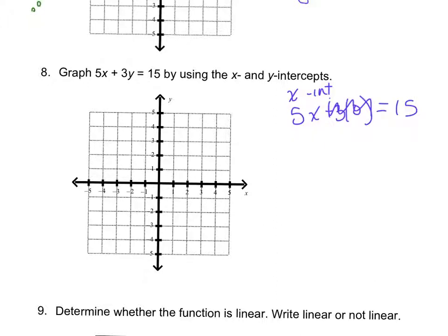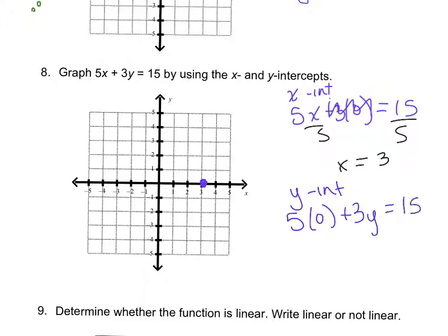So you divide by 5. X is equal to 3. That's my x-intercept. Y-intercept, value of y when x is 0. That goes away. Divide by 3 on both sides. You get that y is 5, so that means that my y-intercept is 5. Now I connect the dots, and that's the graph.